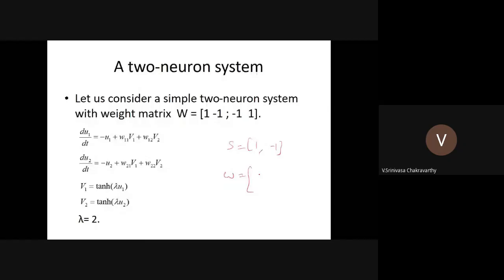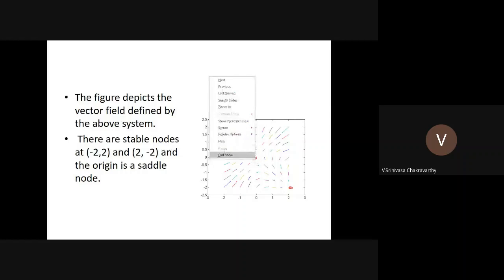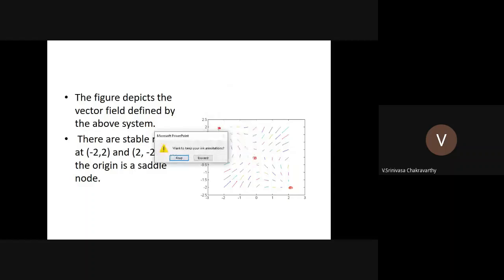If that happens, you can show that you'll have two stable states, one at minus 2 and 2, the other at 2 and minus 2, and all flow goes towards these two points. You can see that in this plot. And the origin will be a saddle node, because if you approach the origin in one direction, you'll go towards it, and from there it will go away towards the two stable states.